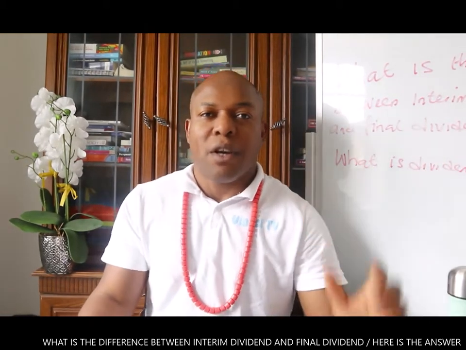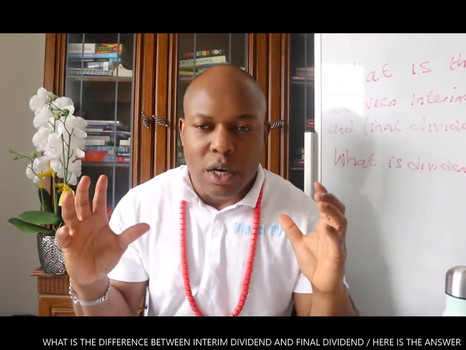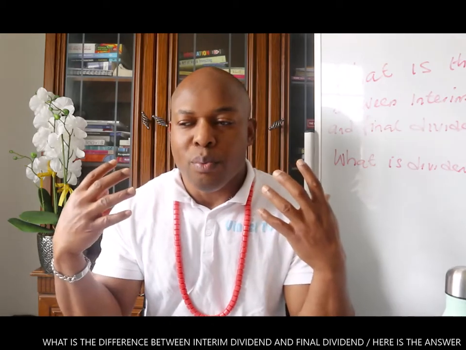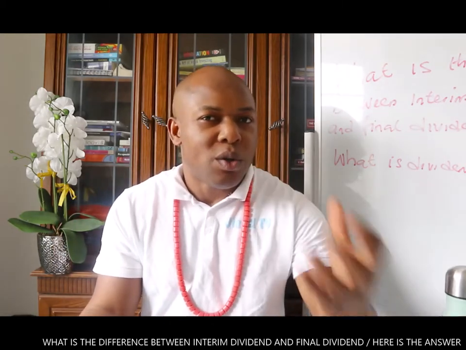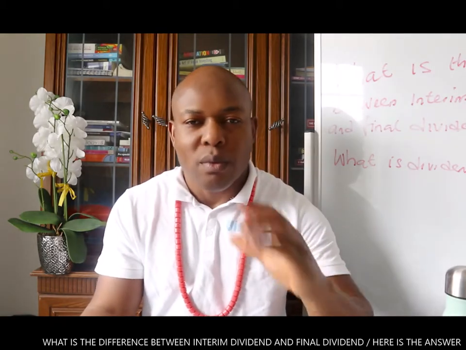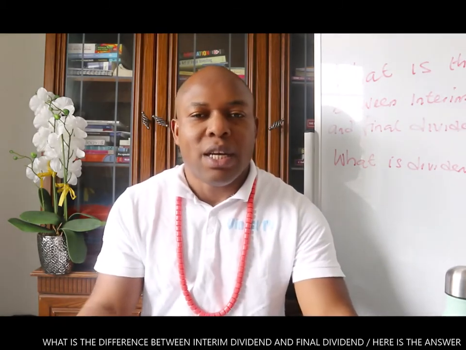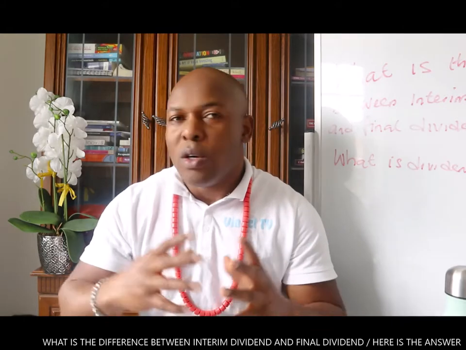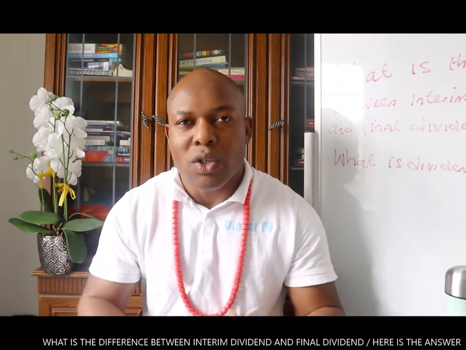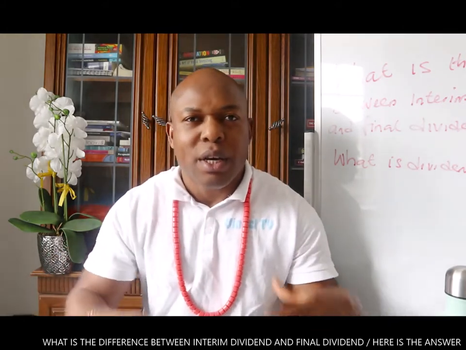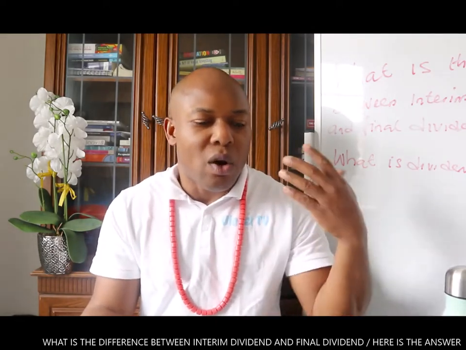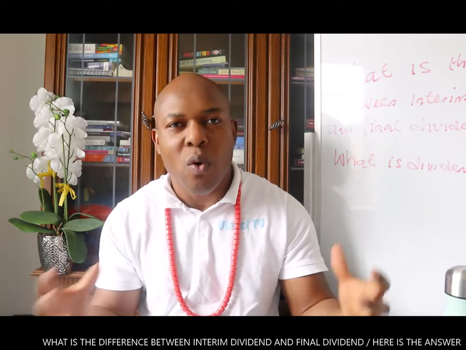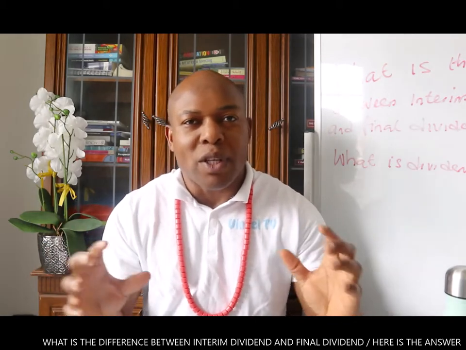Dividend is a passive income. You put your money in a company, right? And that company uses your money to do business. They use your money to buy materials, to build the company, and to employ professionals or technocrats who are professional in that particular field.